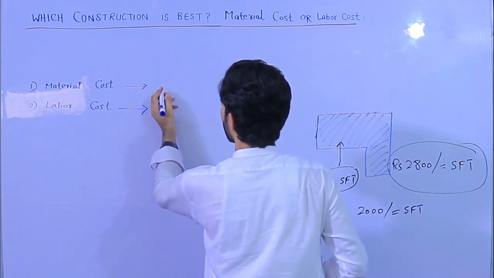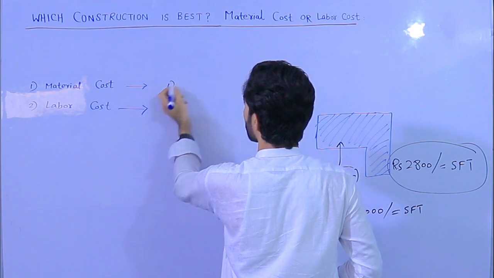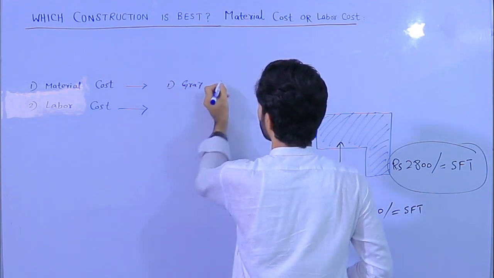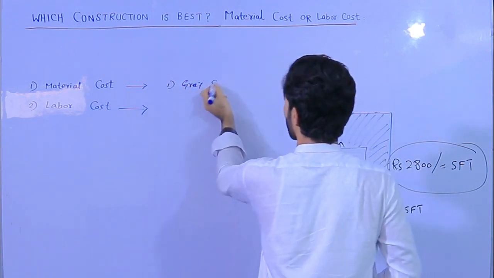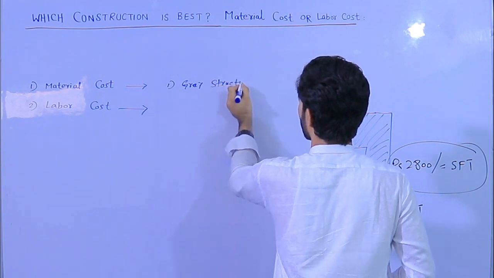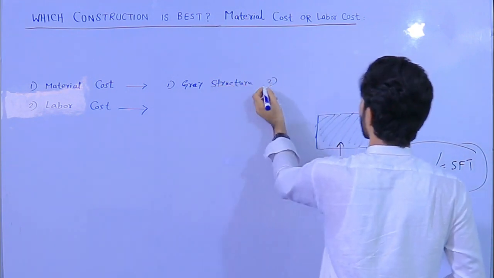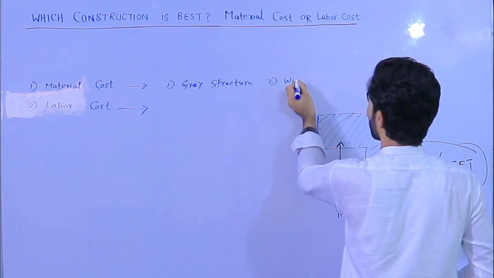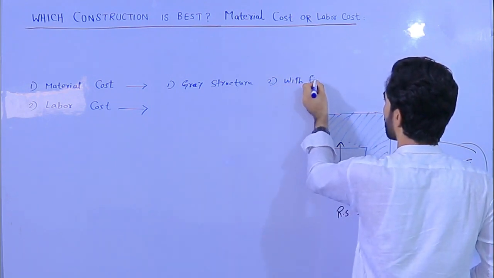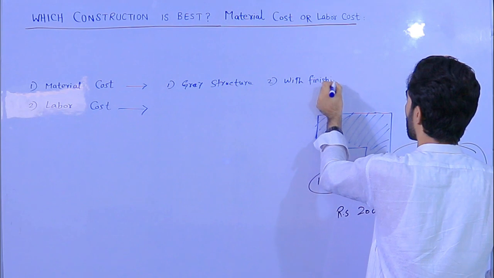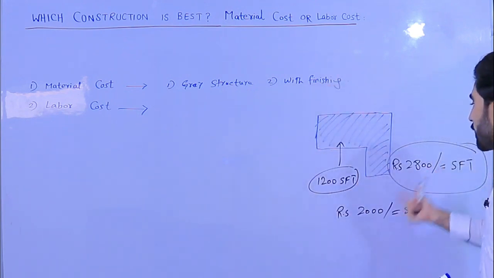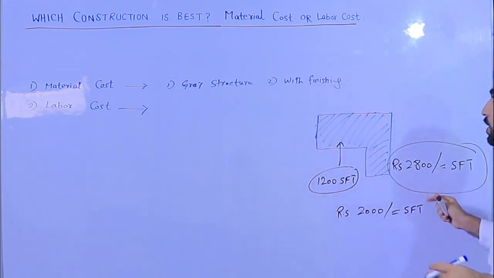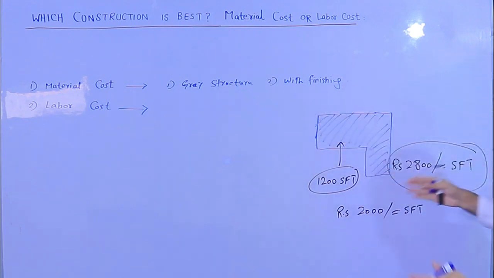And in material cost we have two more types: the first one is gray structure, and the second one is with finishing. On covered area, by material cost, with finishing we have a rate like 2200 per square feet.